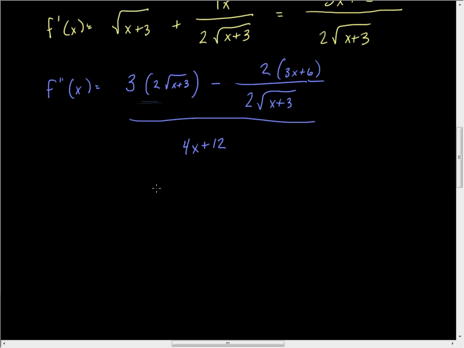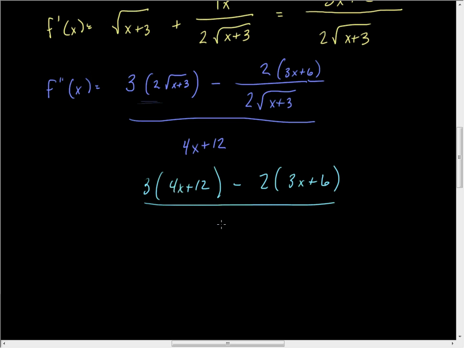So I have 3 times 4x plus 12 minus 2 times 3x plus 6, all over 2 root x plus 3, all of that over 4x plus 12. This is the particularly nasty part.